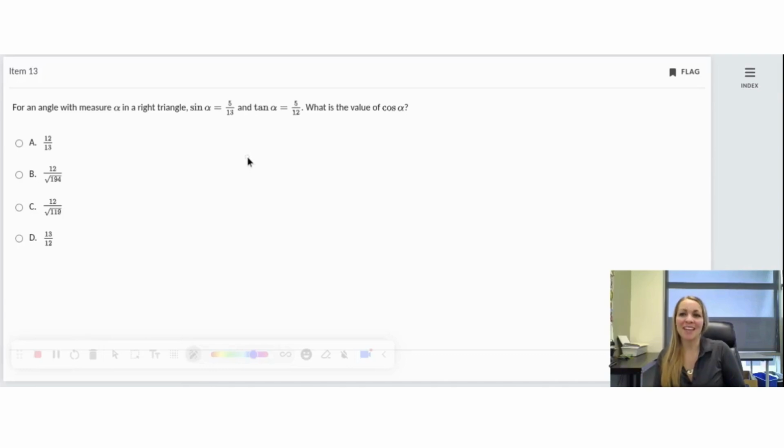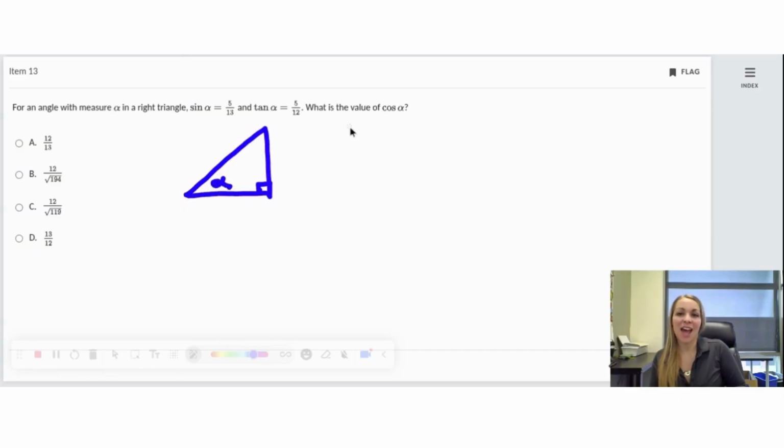Question number 13. For an angle with measure alpha in a right triangle, sine alpha equals 5/13 and tangent of alpha equals 5/12. What is the value of cosine of alpha? Let's start by drawing a right triangle. The right angle always goes diagonally across from the hypotenuse, and I'm going to put angle alpha right here.